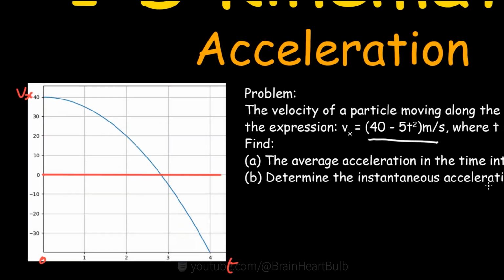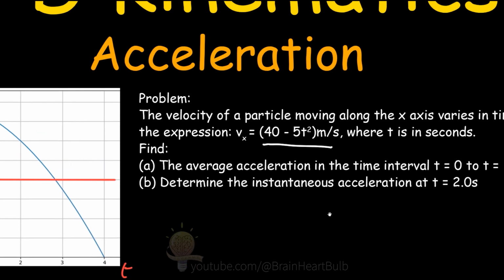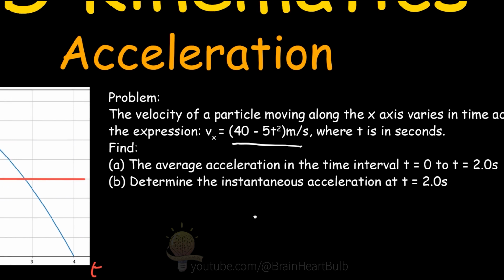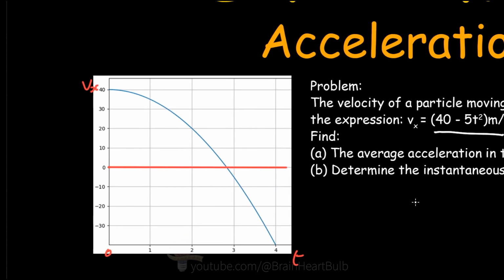Our task is to find the average acceleration between 0 and 2 seconds. So in other words, we need to find the gradient of this line here, where this point is t final, and this point here is t initial.